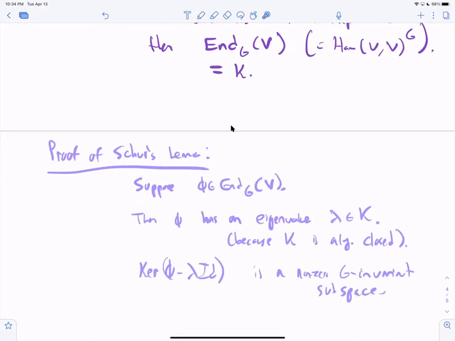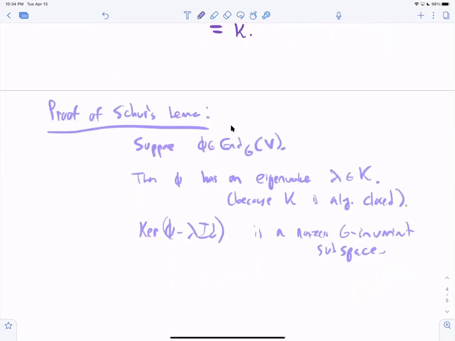The reason it's G-invariant is because you're taking the kernel of some operator that commutes with the G action, because the G action commutes with multiplication by a scalar, and the G action commutes with this operator phi by definition. That's how we chose phi. You can just write down the formula, but the G action preserves the kernel. Okay, but the kernel is a non-zero G-invariant subspace.